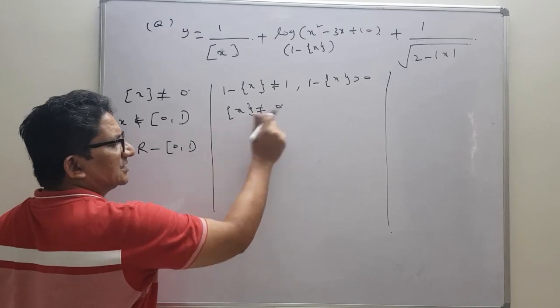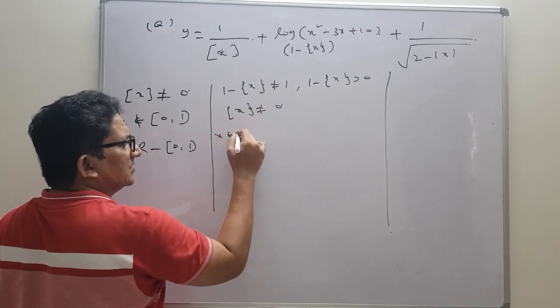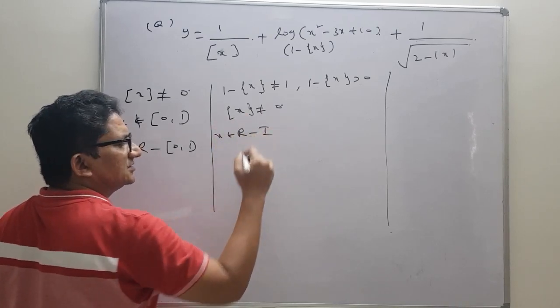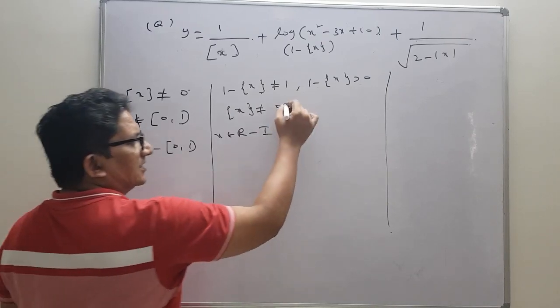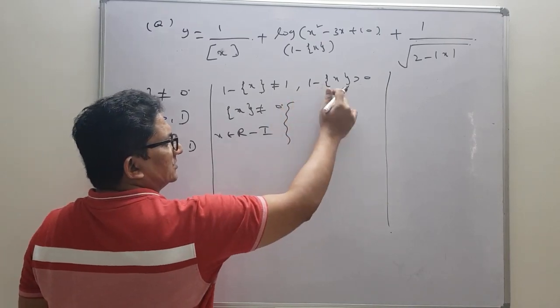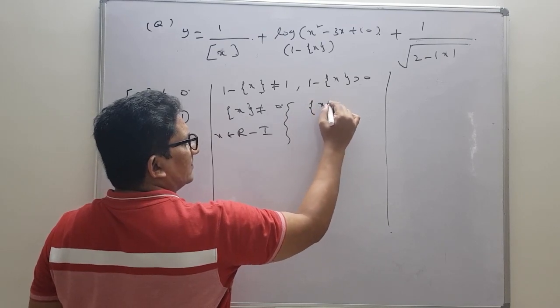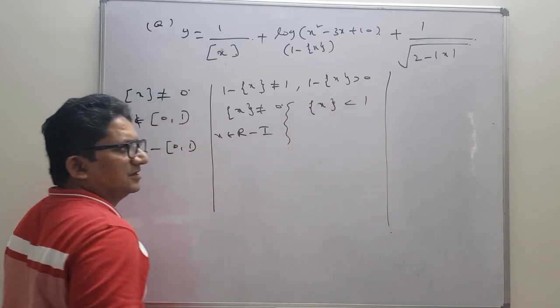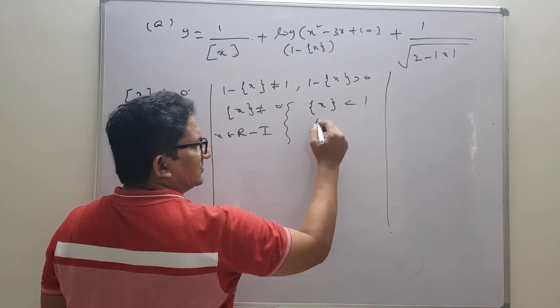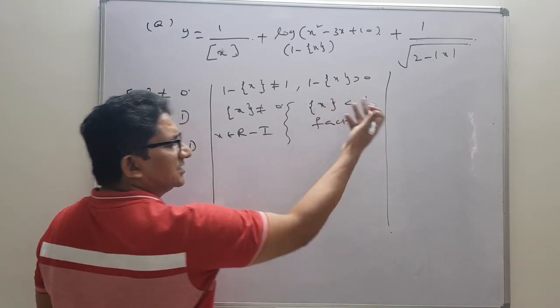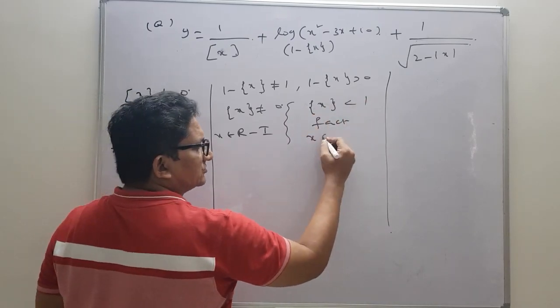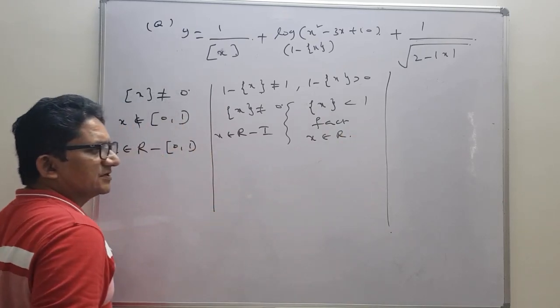That means x belongs to R minus integers. And we will come back to this part. Here, fractional part of x is less than 1, a known fact. It is always true, so x belongs to R.